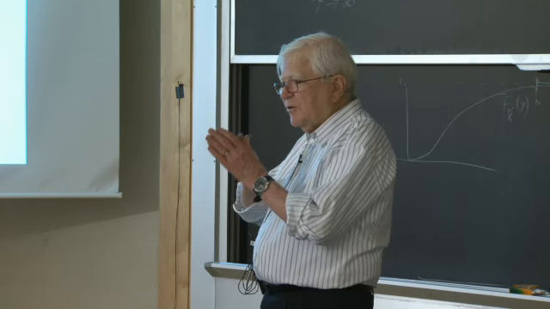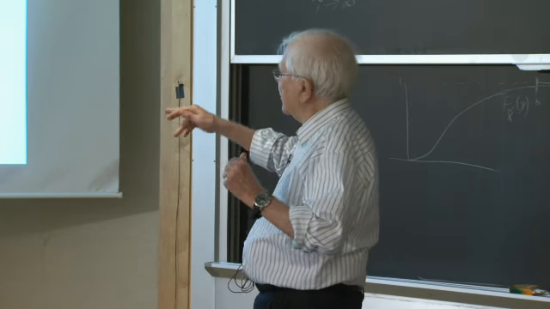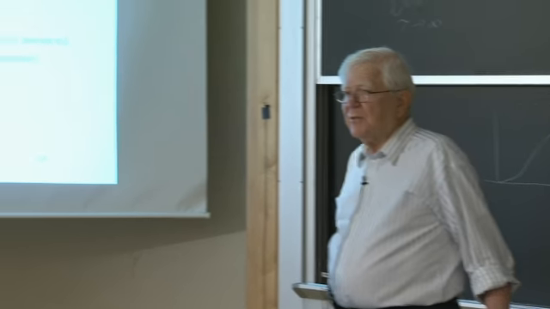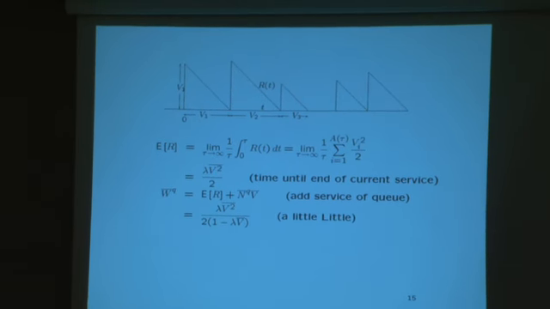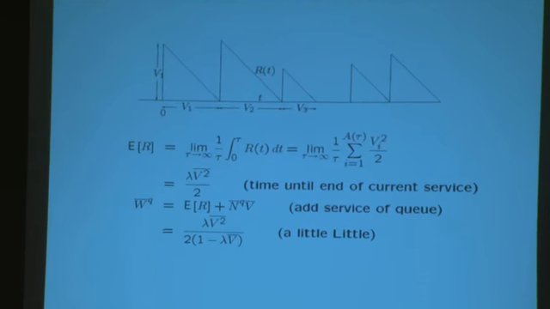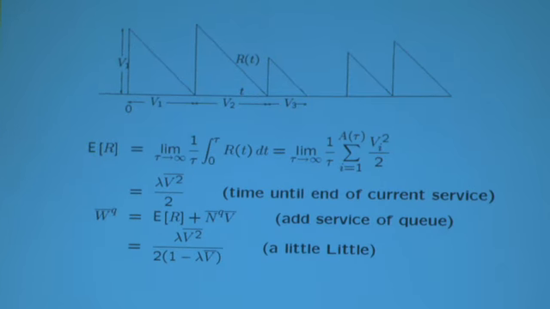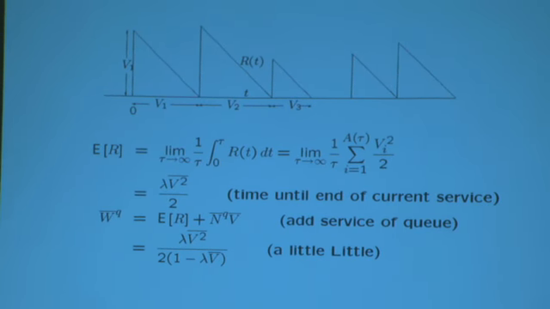So you look at the sum of all those terms. The question is the expected number in the queue independent of the service time of the customers in the queue? And how do you reason that out?